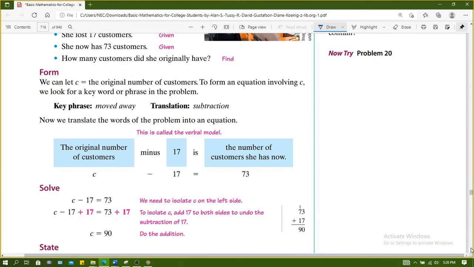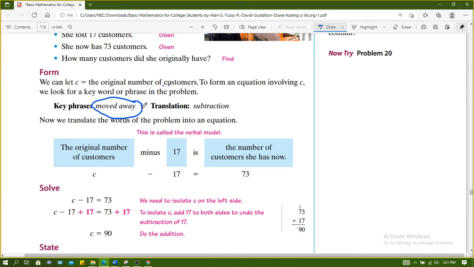Now we need to form an equation that would represent the problem. So we can let C be the original number of customers. To form an equation involving C, we look for a keyword or phrase in the problem. So, the key phrase is moved away. So, her number of customers decreased, because 17 moved away.